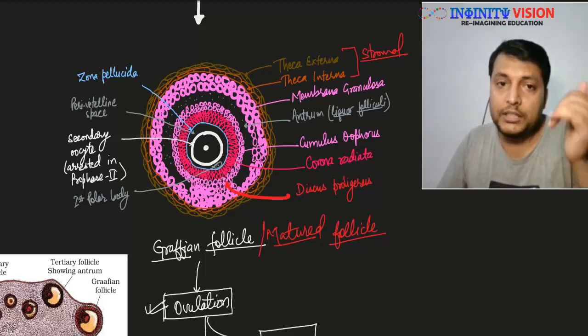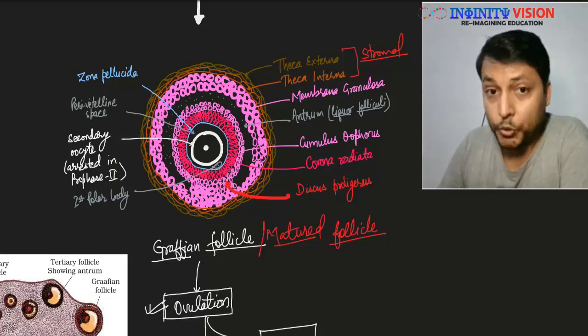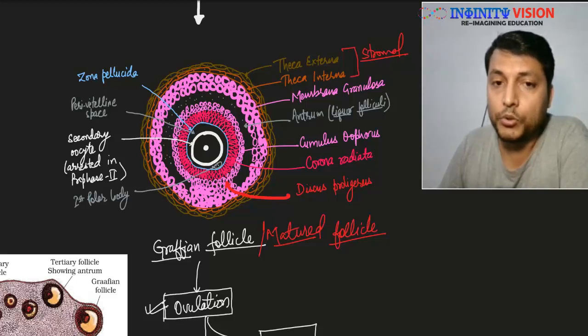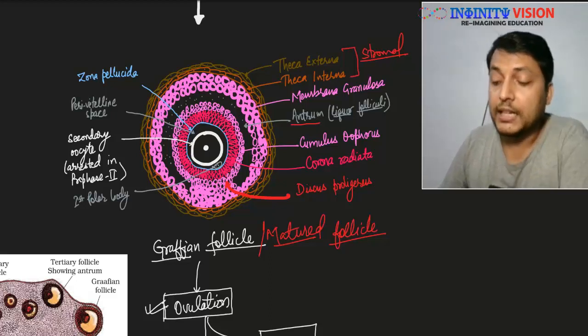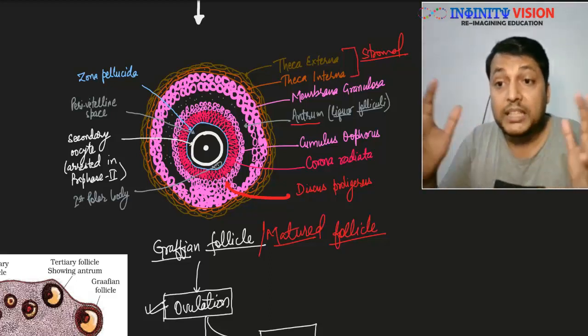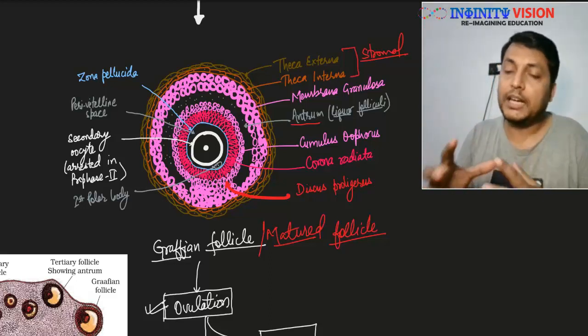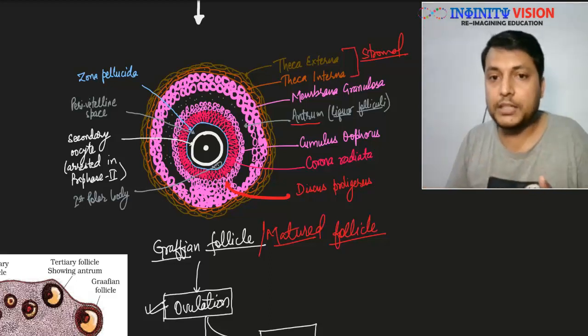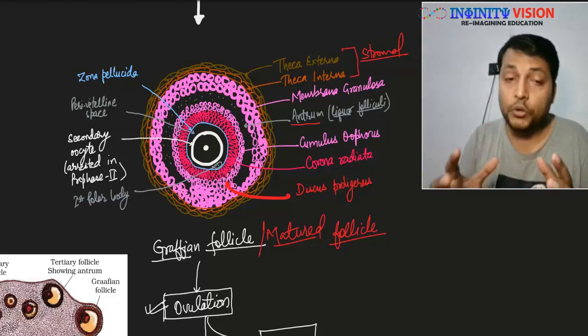On the inner side of this theca we find membrana granulosa, and in membrana granulosa the antrum persists. The antrum is going to persist, rather it is going to further increase, and it is still filled with liquor folliculi.